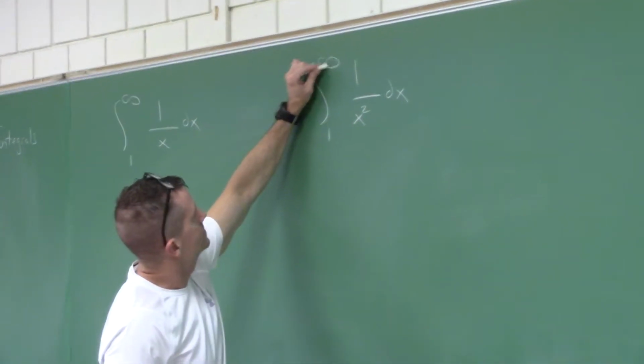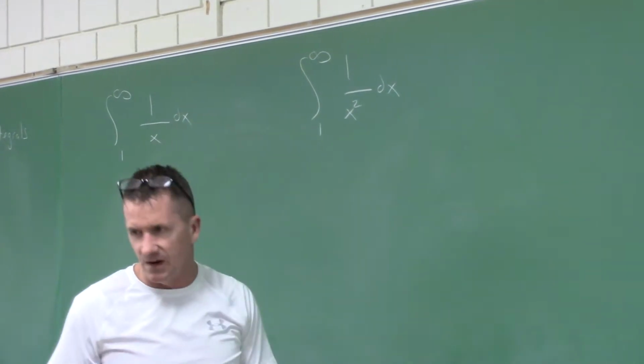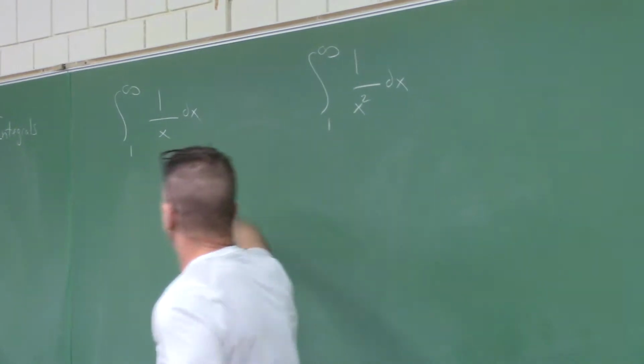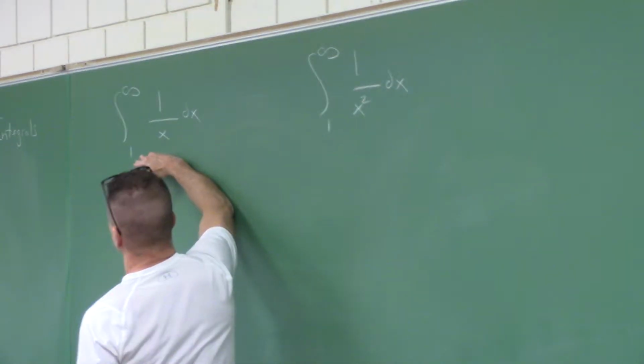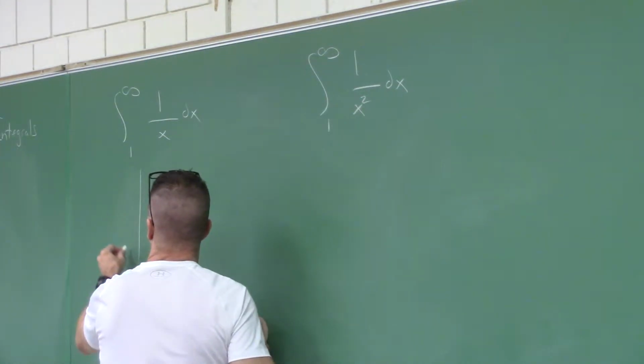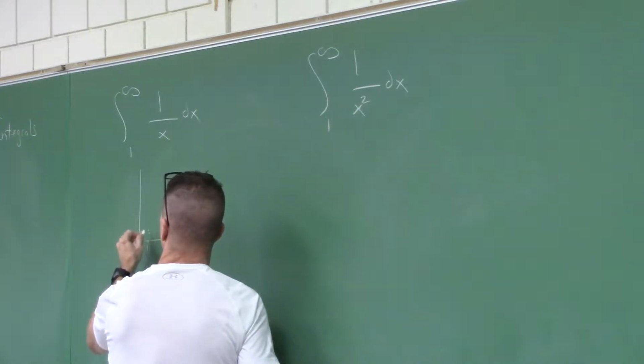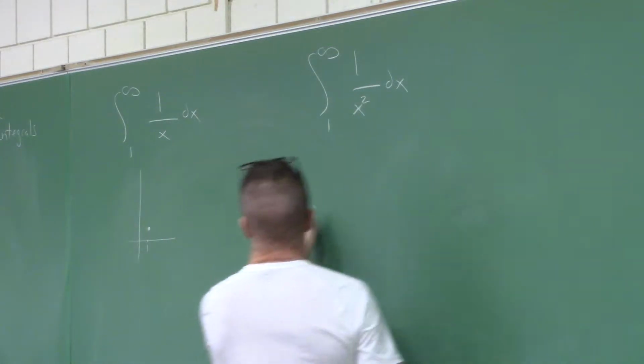And what we're doing is, integrals find the area underneath the curve, between that curve and the x-axis. So if this is going towards infinity, what happens at x equal to 1? Do that here too.